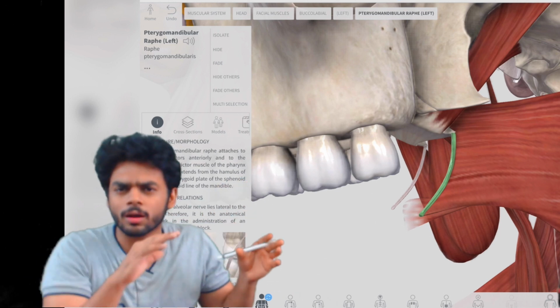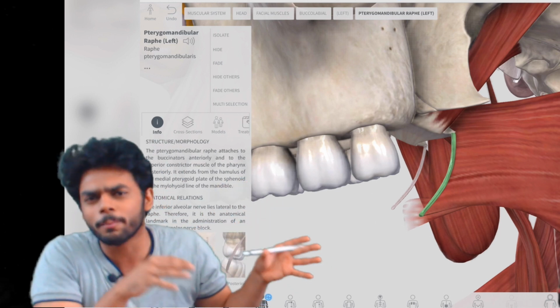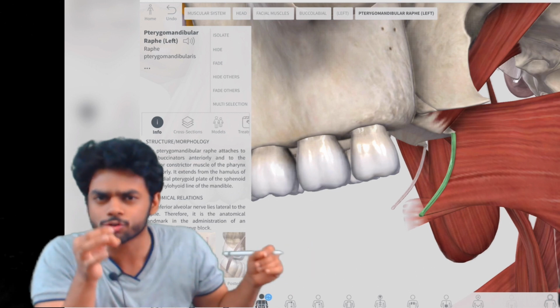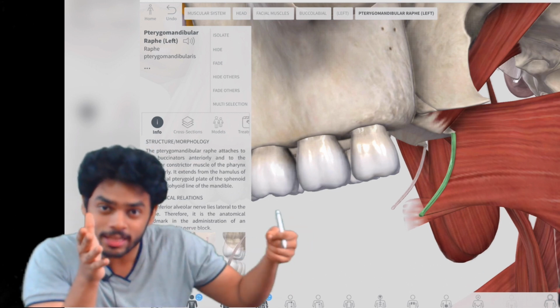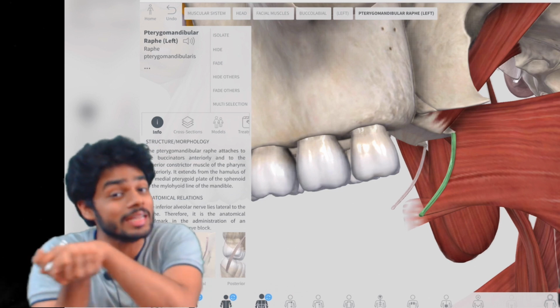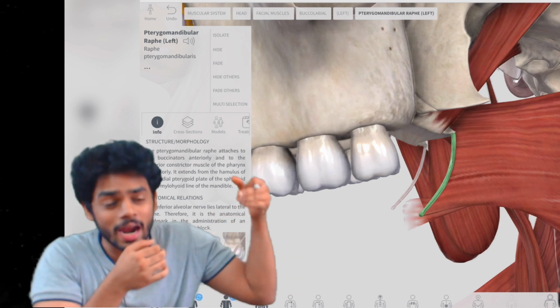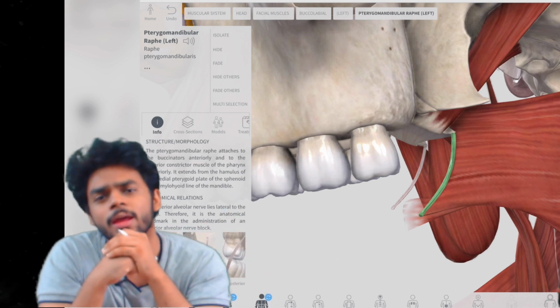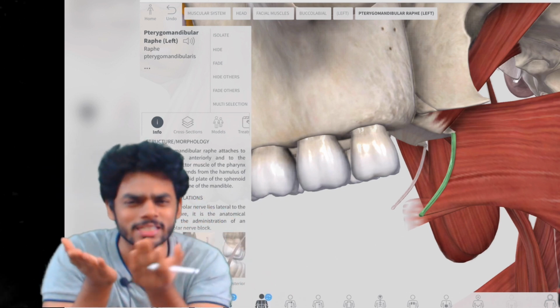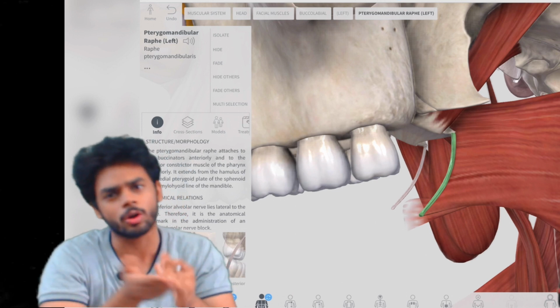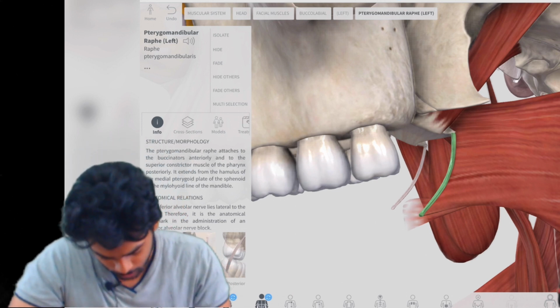The mandible part is not here, so I have not shown you where it is attached. But when we deal with the mandible, we will see where this raphe is attached. You have to get an idea that it is attached beyond, or posterior to, the third molar. Okay.